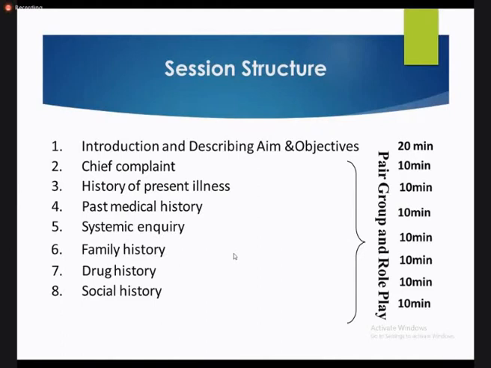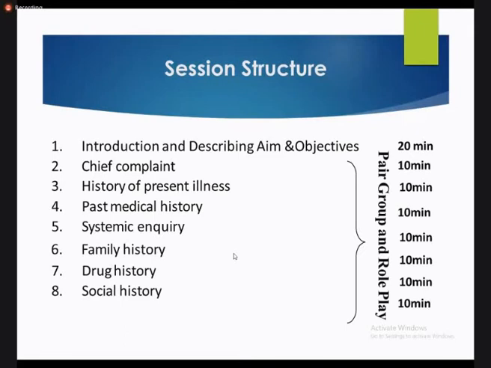While history taking is a basic part of medical sciences, as far as your career is concerned, even in the future, it is supposed to be an art.